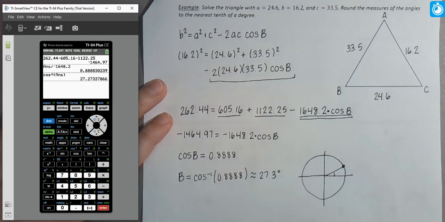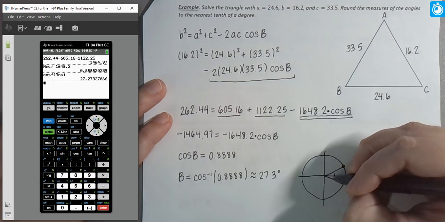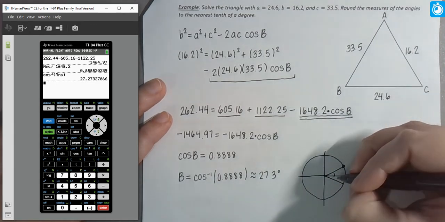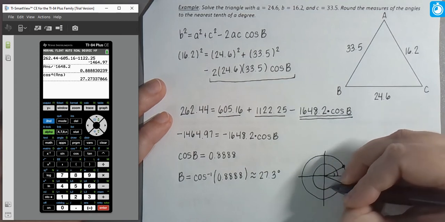But if cosine is our x coordinate, we're saying the x coordinate was positive to give us this value for cosine. Well, the only other location on the unit circle where the x coordinates are positive is down in the 4th quadrant. So technically we have an angle down here that also has the same value for cosine. So it would be this angle.